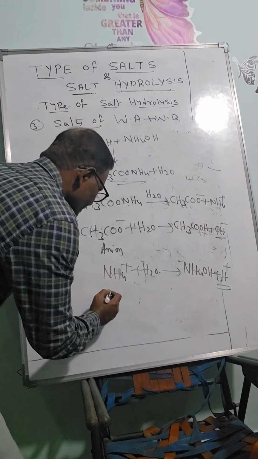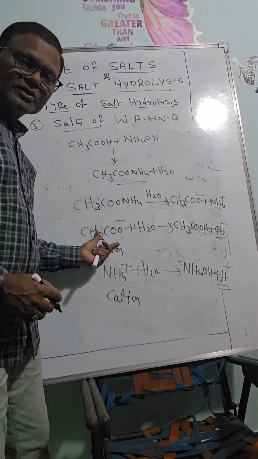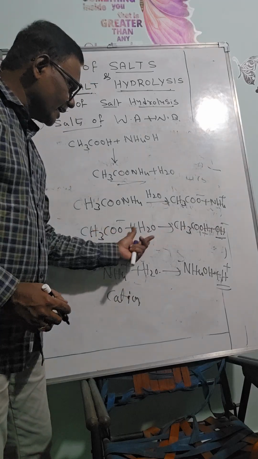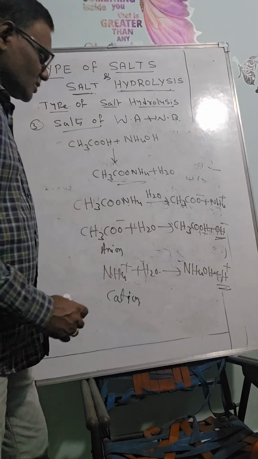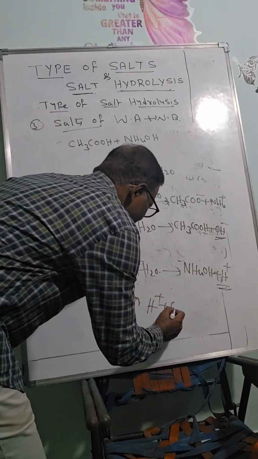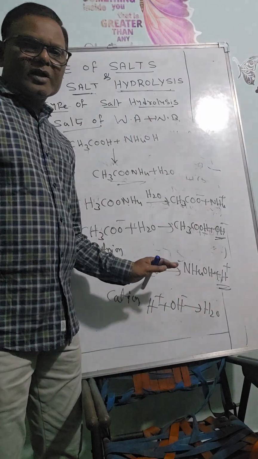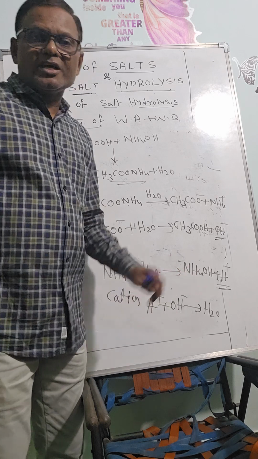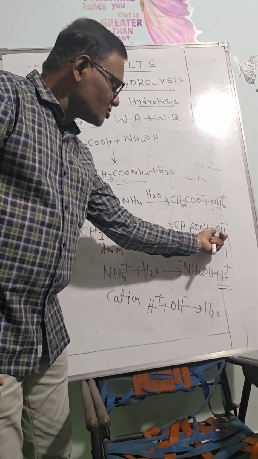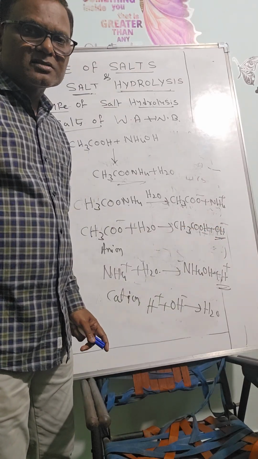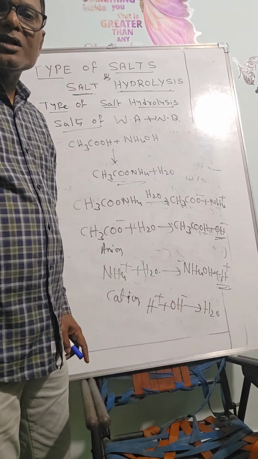See children, in this type of salt both anion and cation undergo hydrolysis, producing OH- and H+ ions. Then the H+ and OH- combine to form water. So what is the nature? Nearly neutral. The neutral nature depends on the production of H+ and OH- ions. If equal numbers of H+ and OH- are produced, the nature is neutral.